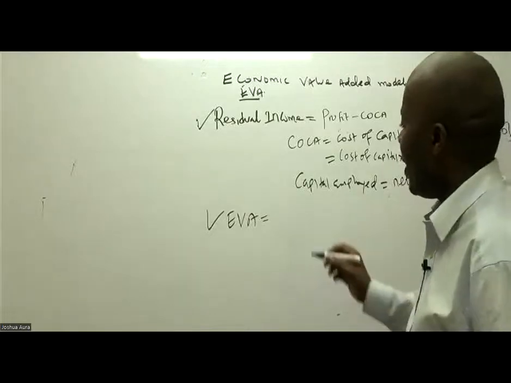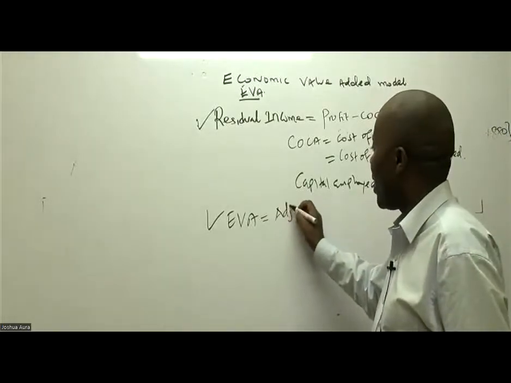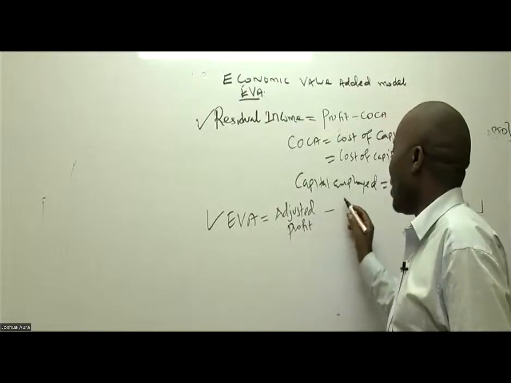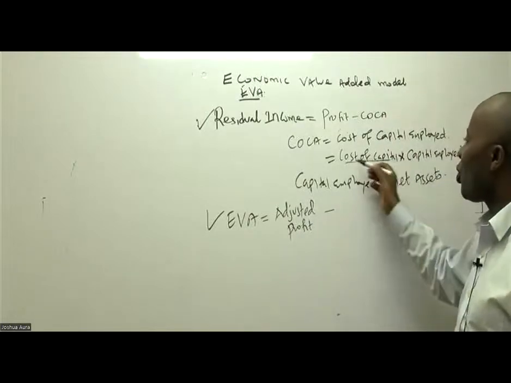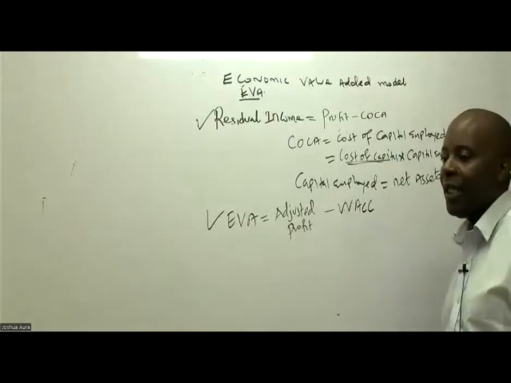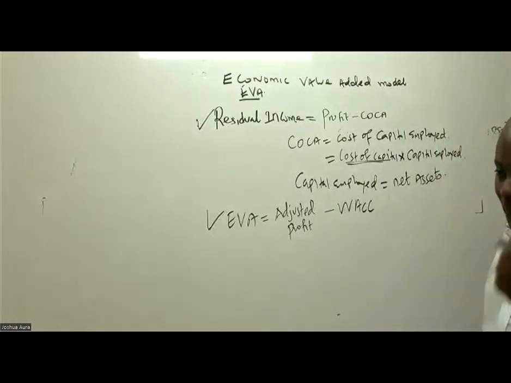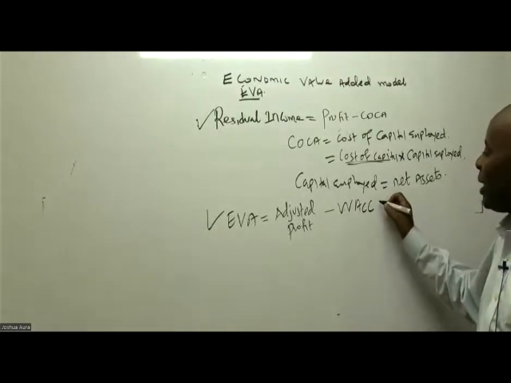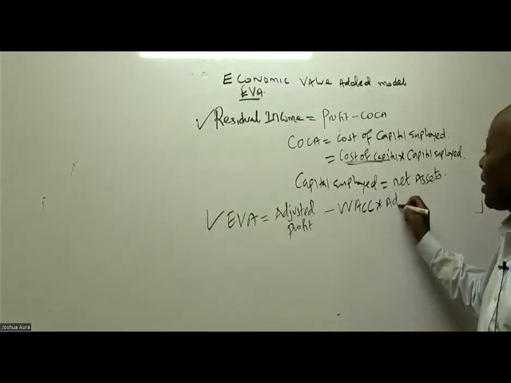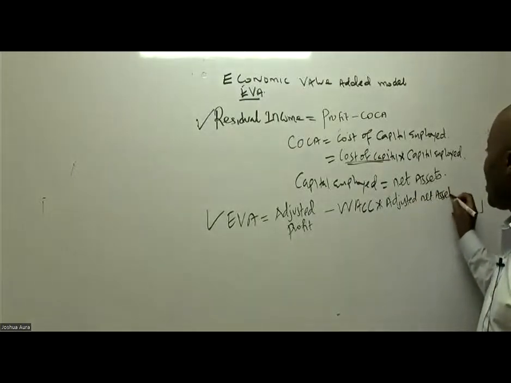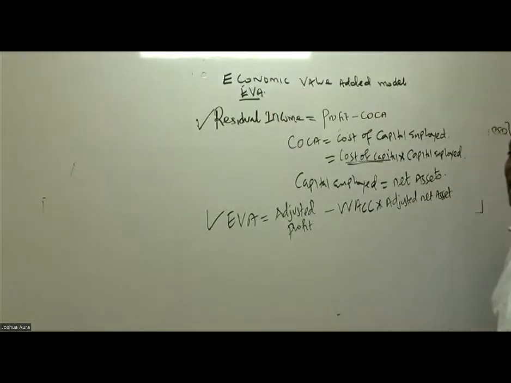So basically, EVA will be adjusted profit minus, instead of cost of capital here, we prefer using WACC, not unless they don't give us WACC. So it shall be WACC times adjusted net assets, or adjusted capital employed.